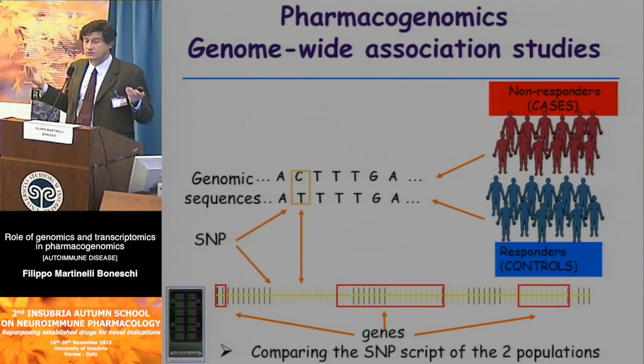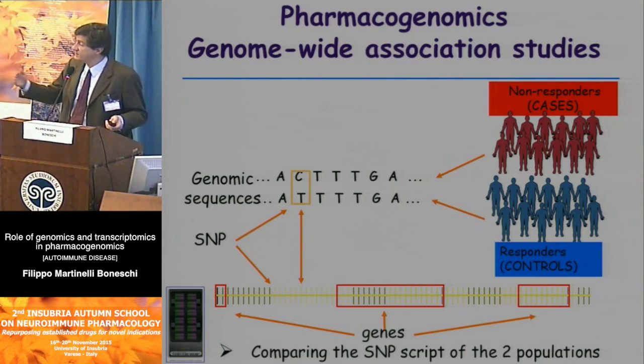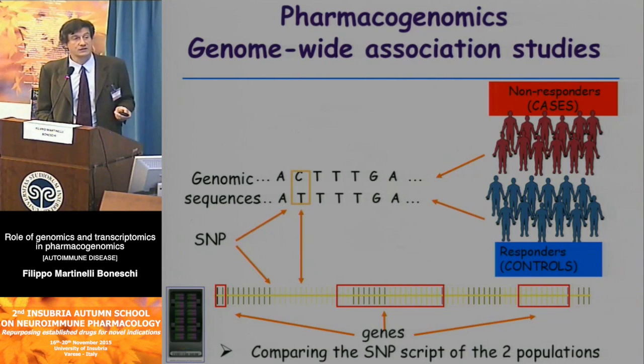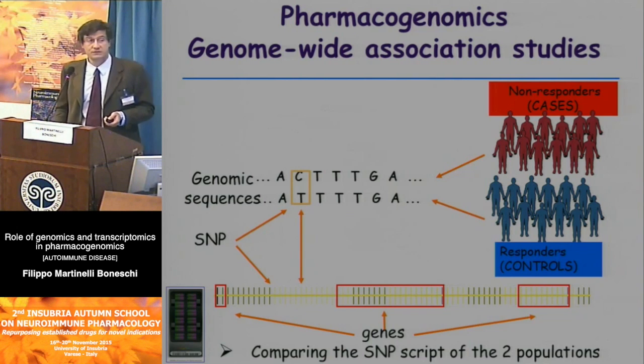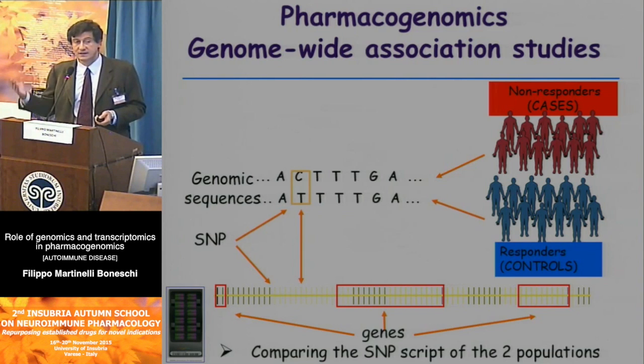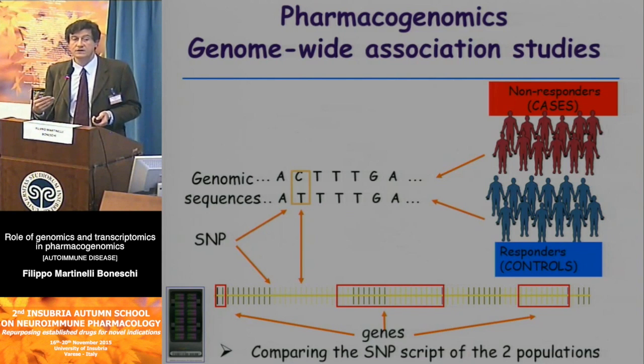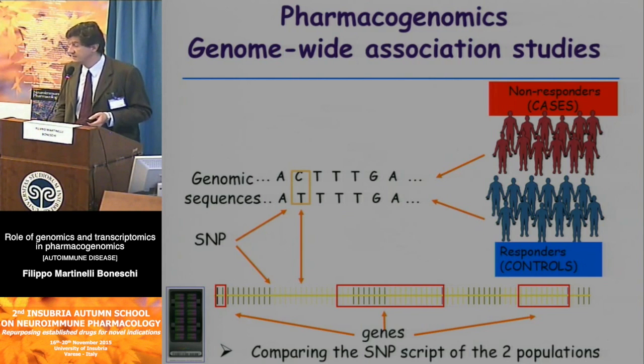You divide and create these 2 groups of patients, and then you measure and compare the allelic frequency of several 100,000 variants throughout the genome using the so-called array technology, which is mainly implemented by Illumina, and it is based on the typing of a particular set of SNPs, which are called tagging SNPs.